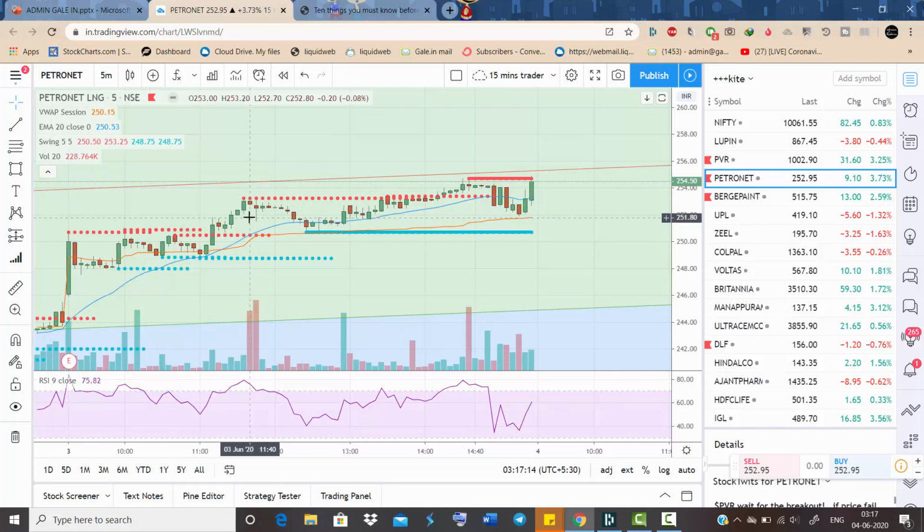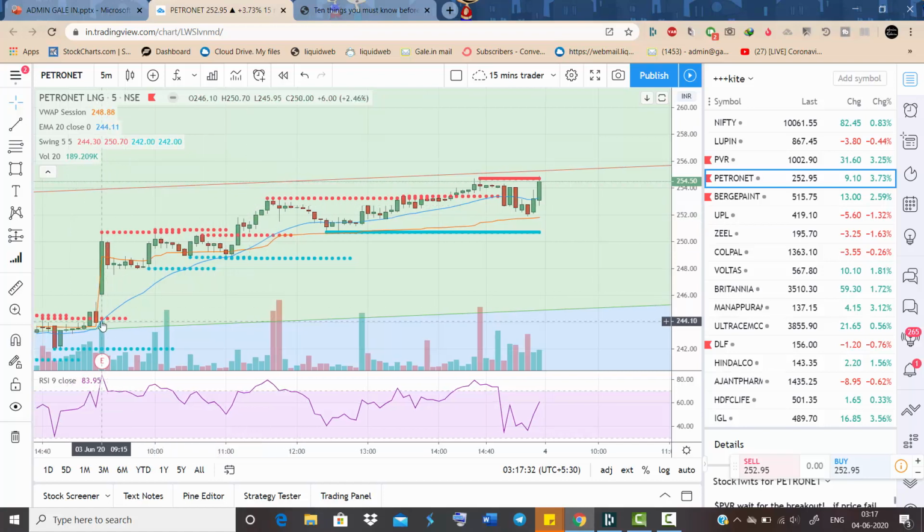There are chances for reversal. Whenever there is high volume on an uptrend, the stock should spike on the upside. If it doesn't spike, then there are chances for the stock to fall down. So this is where we booked our profits in Petronet.